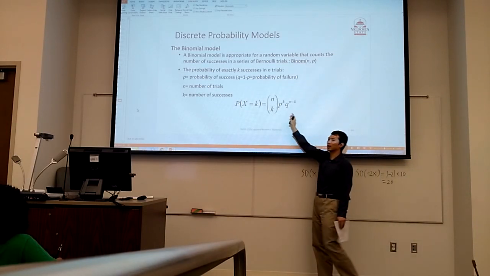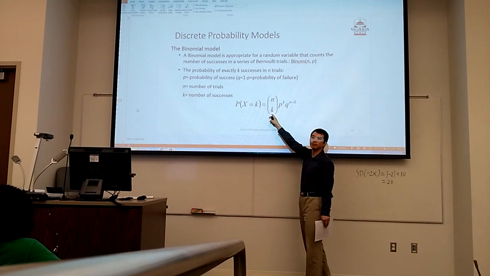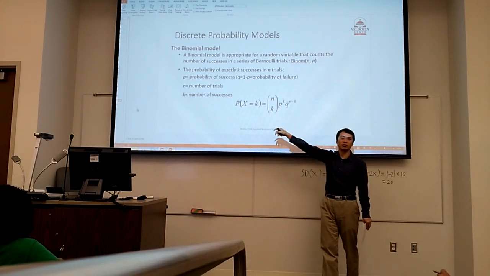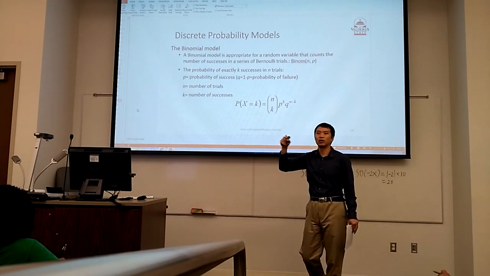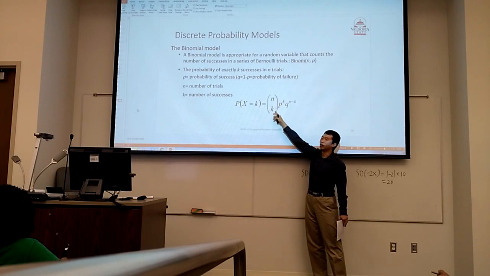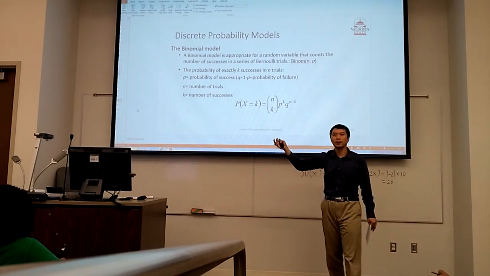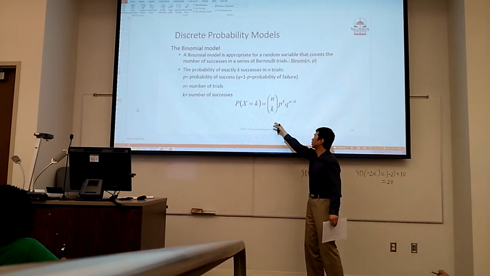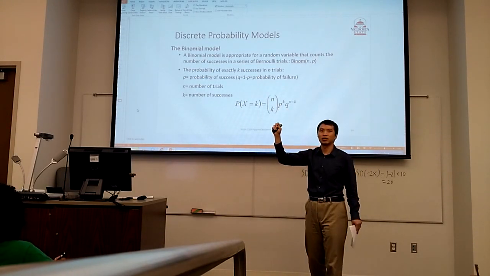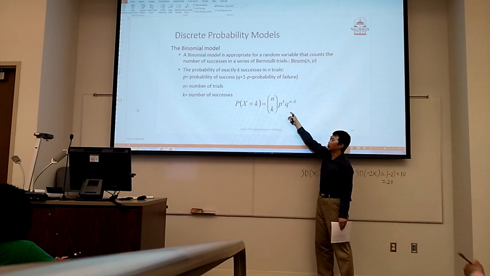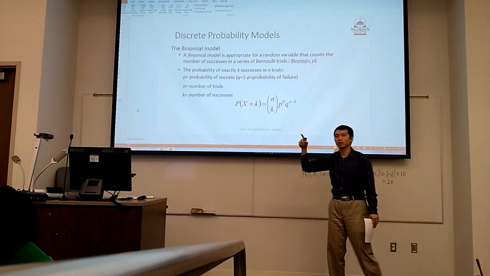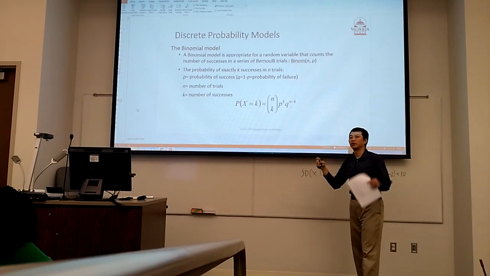If we look at this function, we have n choose k, right? We have a total of n trials, and we are interested in k successes. So this is n choose k, and we will have a detailed expression for this one. And p is the probability of success. And q is equal to 1 minus p, the probability of failure.